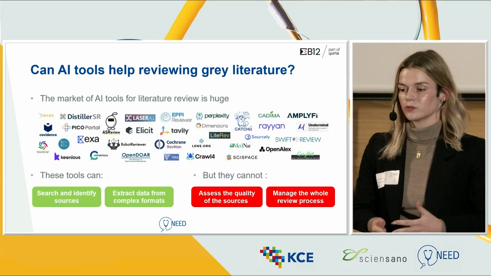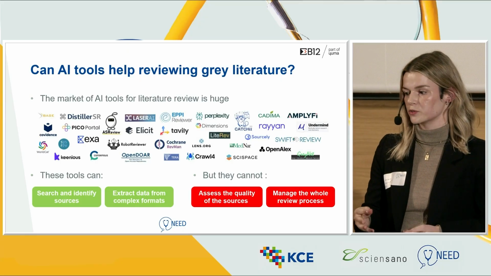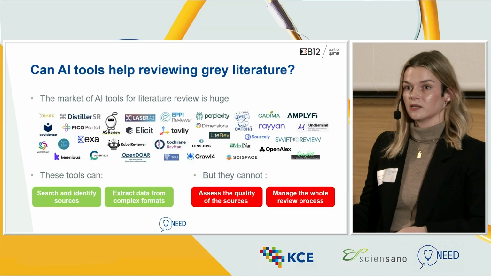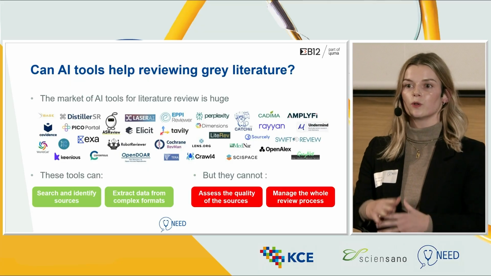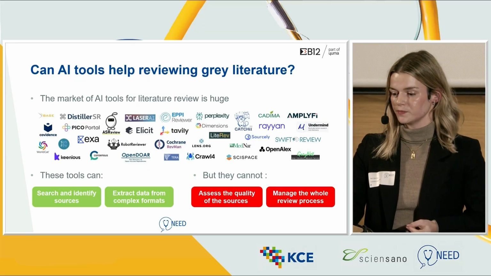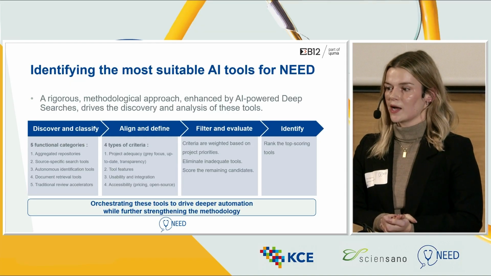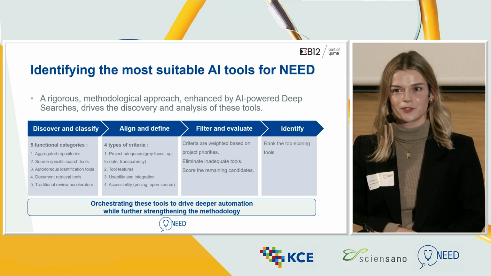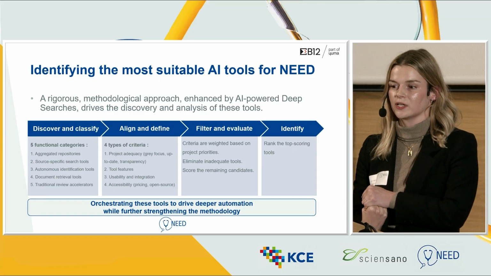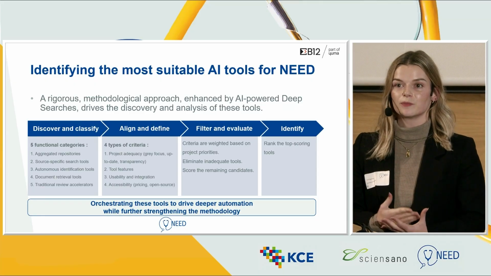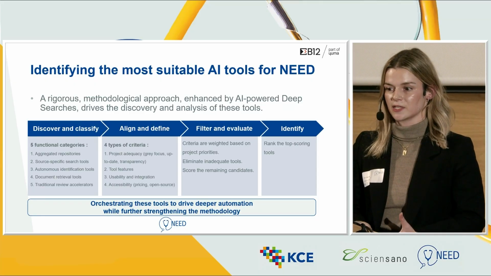And some of these tools can search and identify sources. Some of them can even extract data, but they cannot really manage the whole reviewing process. So that's why these experts from B12 are mapping all of the AI tools and actually looking for the most suitable AI tools for the NEED database.